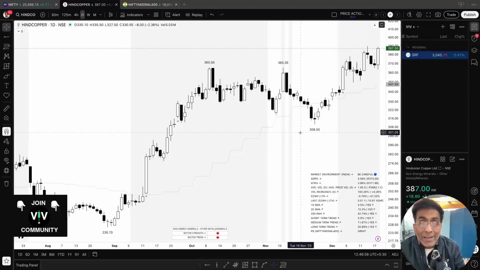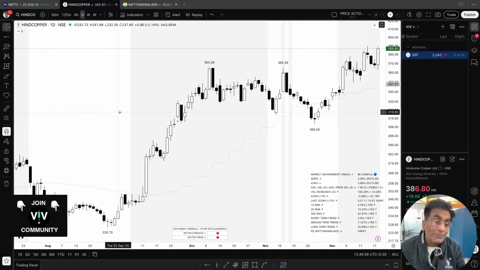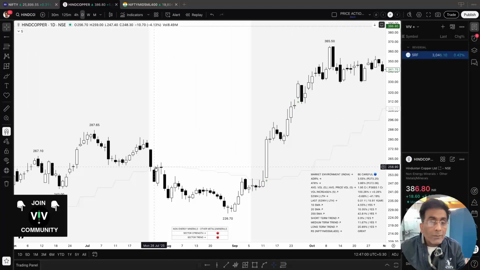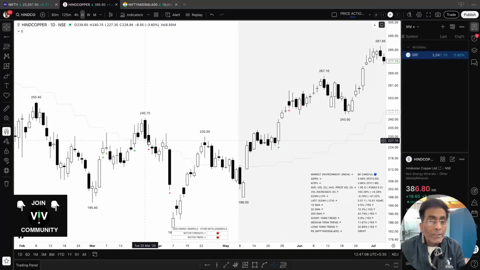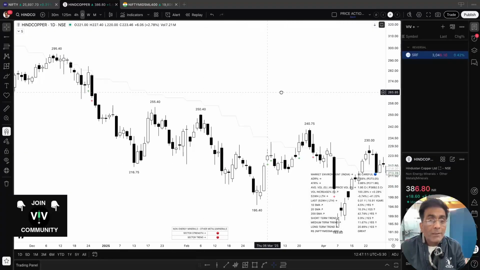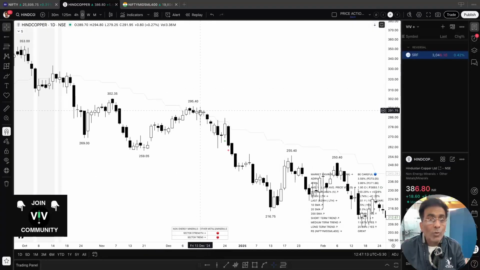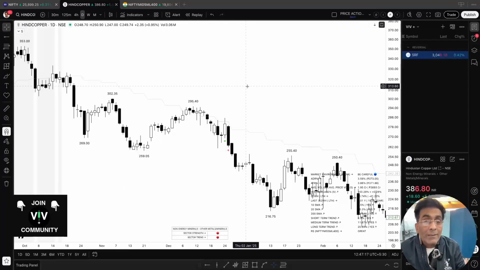Near the 10-week moving average. But if you have bought it here, near the 10-week moving average, no money. You can see that. No money, because our system was not in buying.